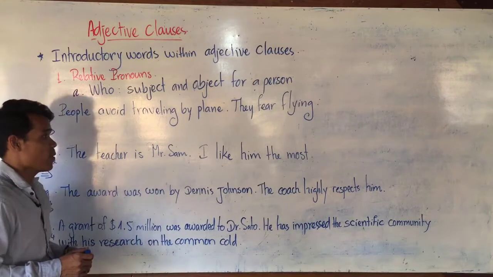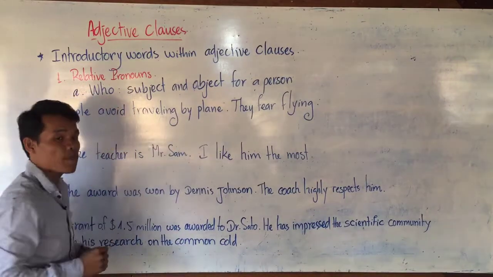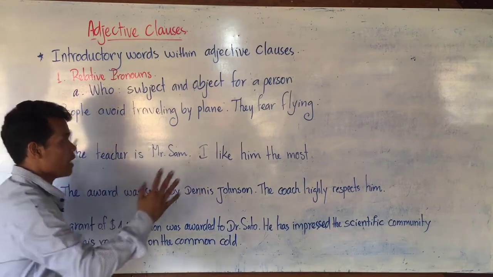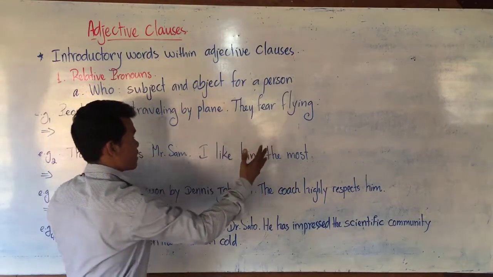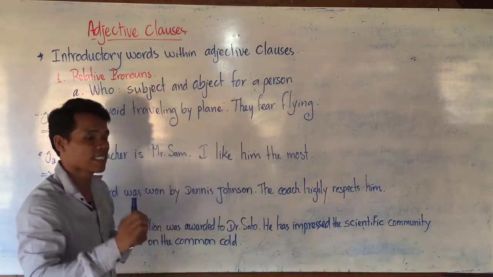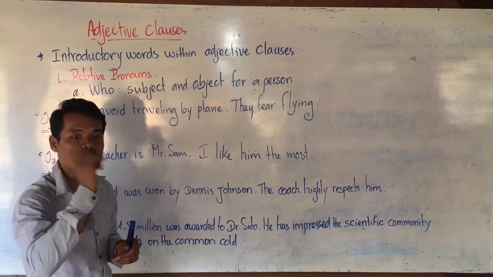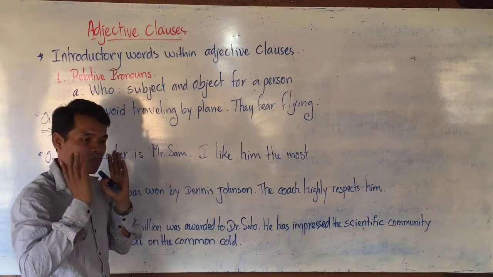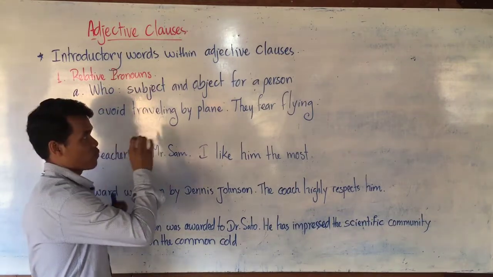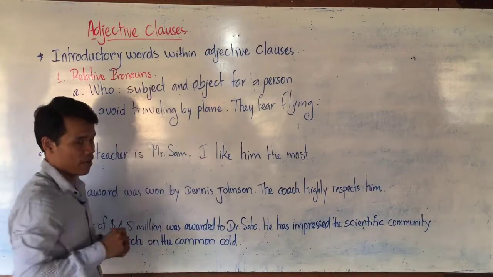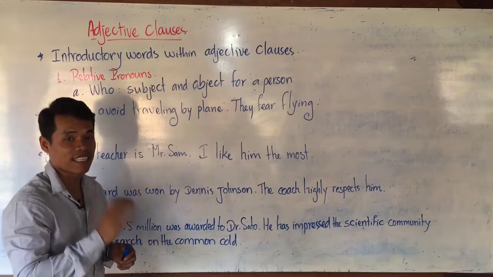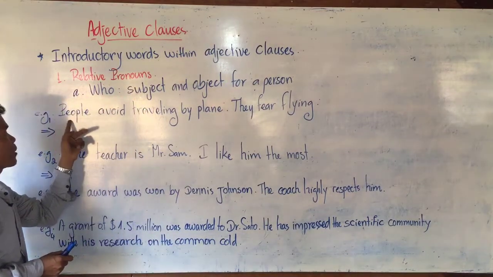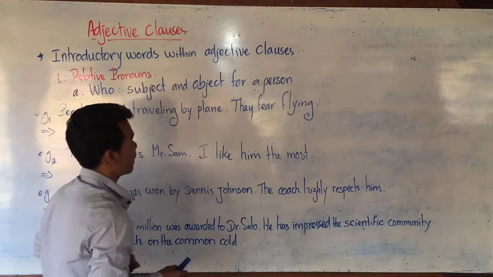Look at the example. First, we study two simple sentences. These two simple sentences are combined into one sentence. It is called a complex sentence, in which we use who as a subject or object. Alright, look at the example with me. Number one: People avoid traveling by plane.